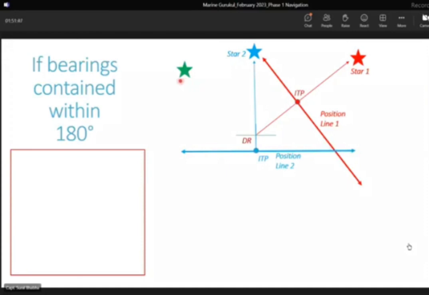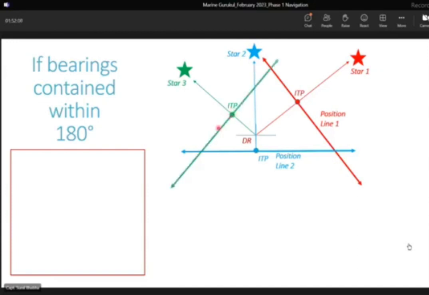Let's assume the third site which we had taken is by using this green color star, star number 3, again worked out with intercept, and the intercept is towards in this case also. So from the DR position we go towards the body a distance equal to the magnitude of the intercept. We reach at the ITP, intercept terminal point.